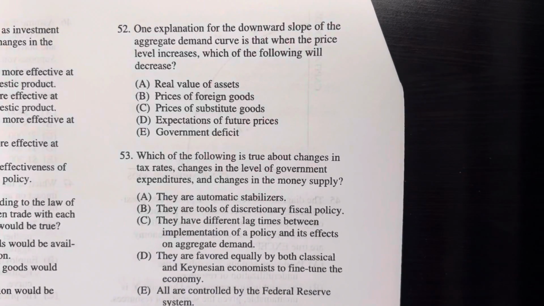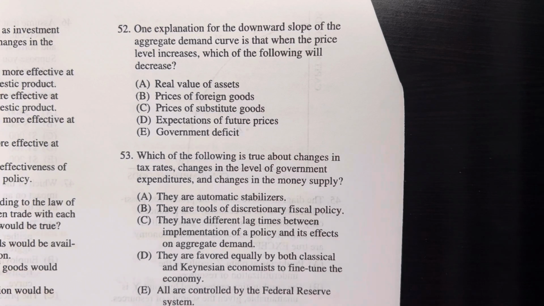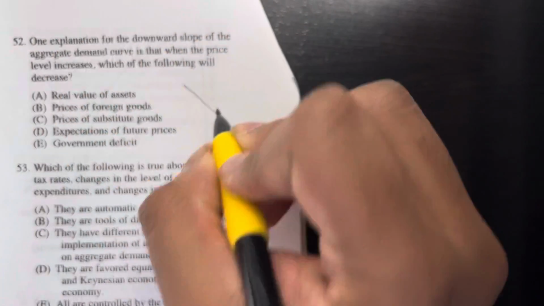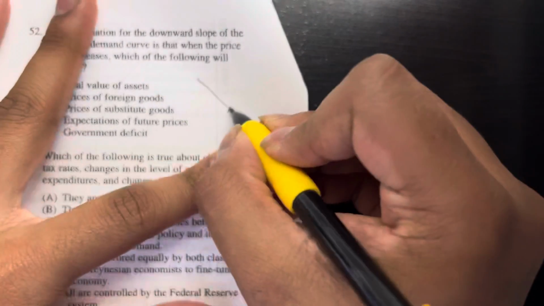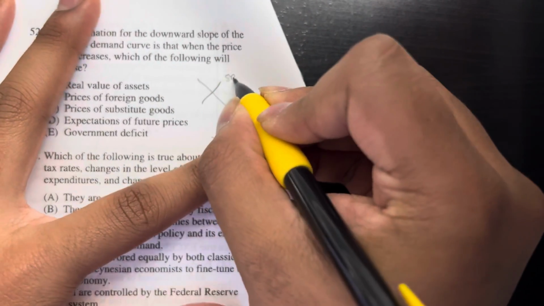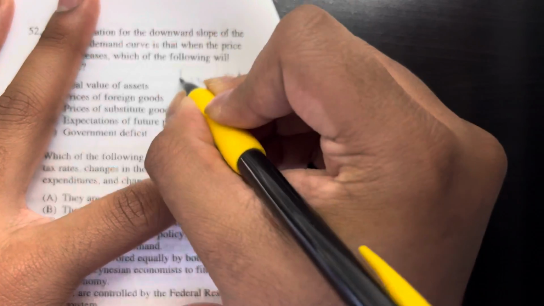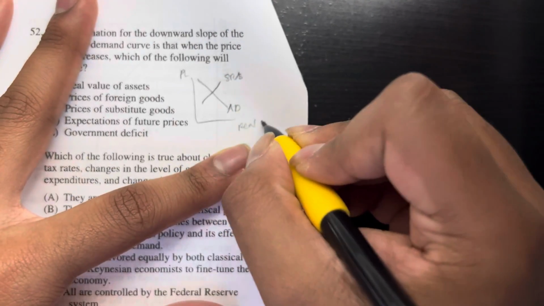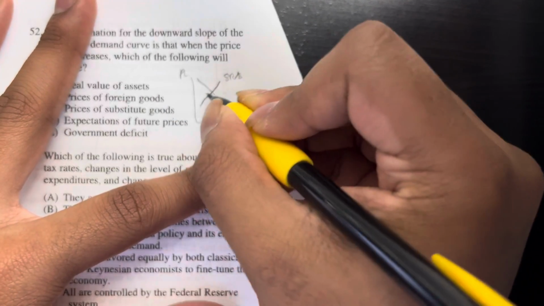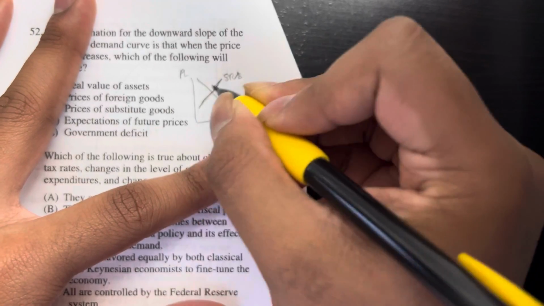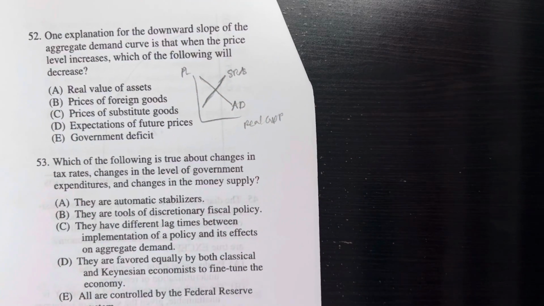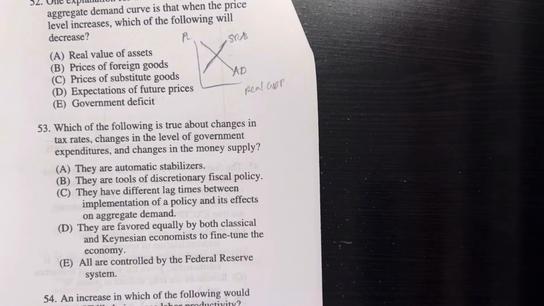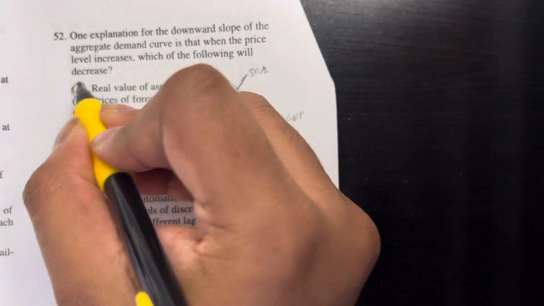Next, 52. One explanation for the downward slope of the aggregate demand curve is that when price level increases, which of the following will decrease? Let's look at the demand slope. That should be A, real value of assets.